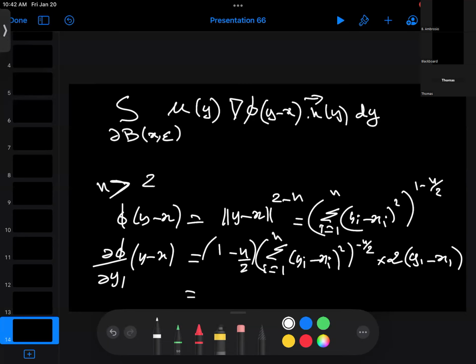So this will be 2 minus n, 2 minus n, y1 minus x1, and times 1 divided by the norm of y minus x to the power n.